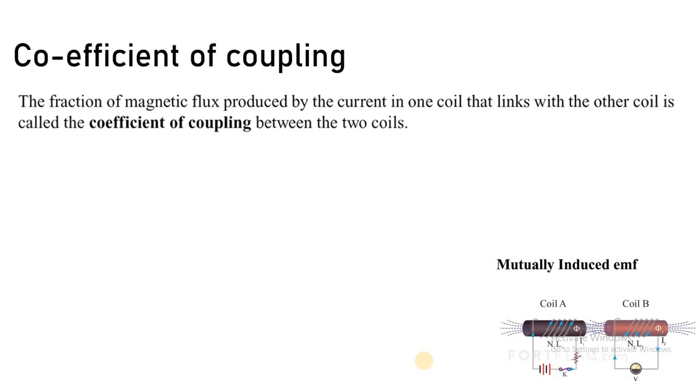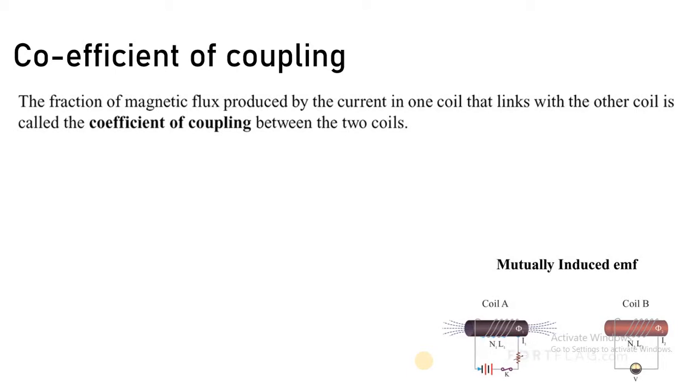So 50 flux lines are established in coil A, and out of these 50 flux lines, only 25 flux lines link with coil B. It means only half of the flux has linked with coil B. So that fraction of magnetic flux produced by the current in one coil, here the current I1 has provided the flux Phi1 in 50 flux lines, and out of these 50, 25 are cut by coil B. So what is the fraction?